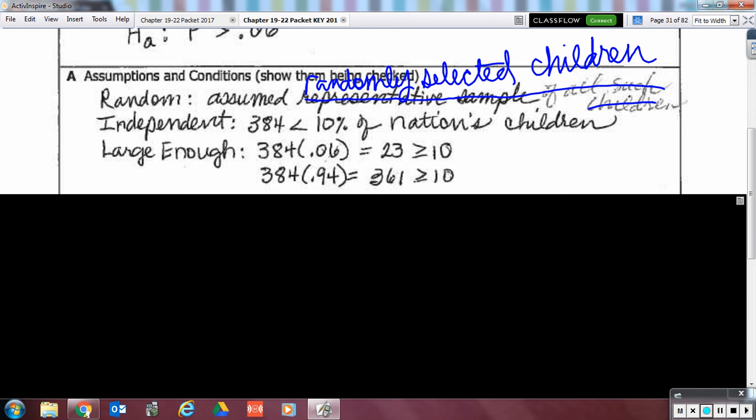Okay, because you always go with what the claim is, not based on what your sample is. Because what if I'm seeing if it's completely nothing? Then I could get 0 children with autism in my sample. So if I have true P, that's the best it can be, and that's what I want to go with. Only if I don't have that do I go with the P hat sample information.